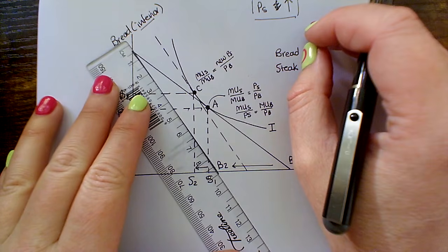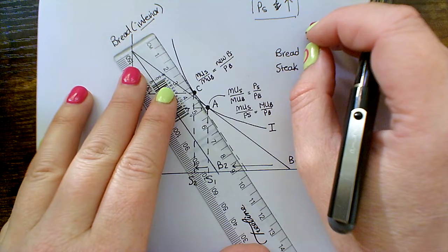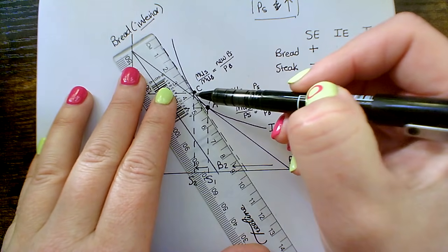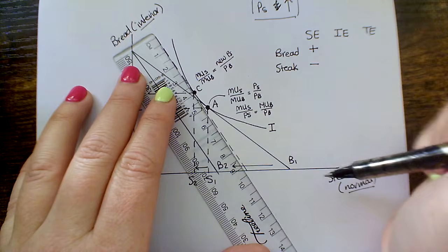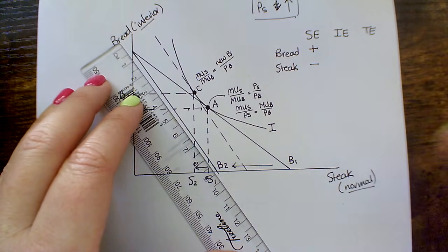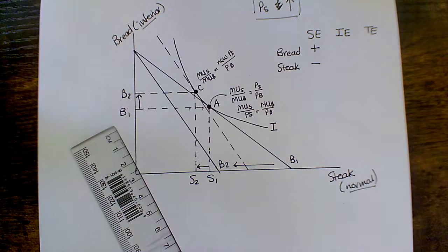This is now what is feasible below this line. So C is no longer feasible. So we actually can't be as satisfied as we were previously, because the higher price of steak has meant that we are now poorer in relative terms. And so the income effect would tell us that we face lower real purchasing power.